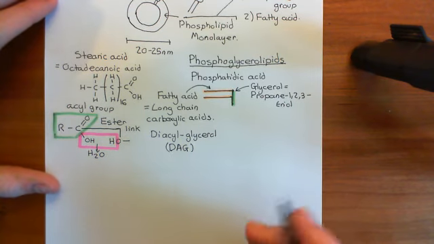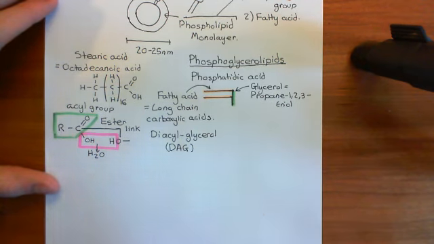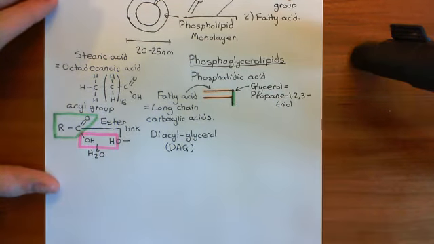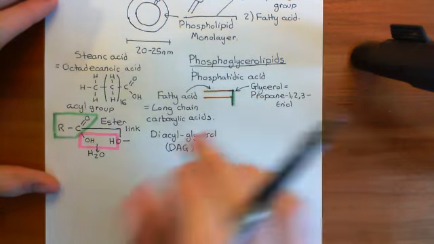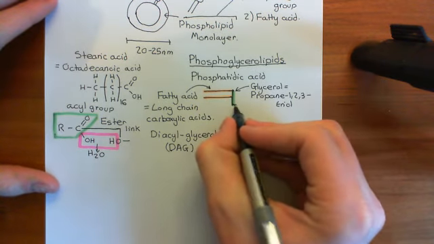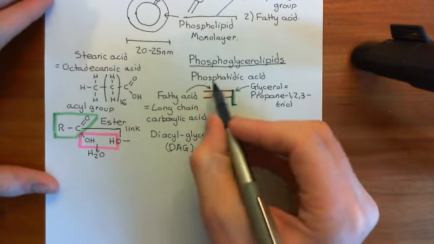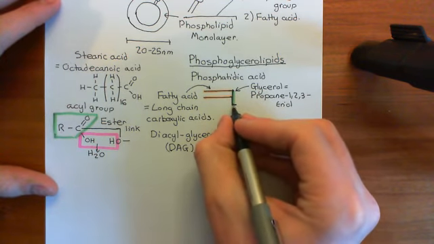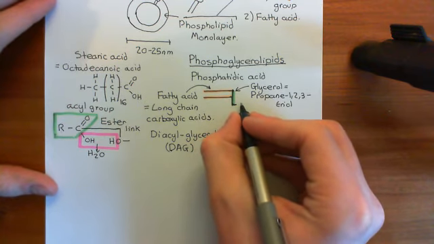Okay, now, back to phosphoglycerolipids and phosphatidic acid. We haven't even got to phosphoglycerolipids yet. We're doing phosphatidic acid. So now, to turn a diacyl glycerol molecule into a phosphatidic acid molecule, what you need to do is add something onto the alcohol group that comes off this third carbon of the glycerol molecule.